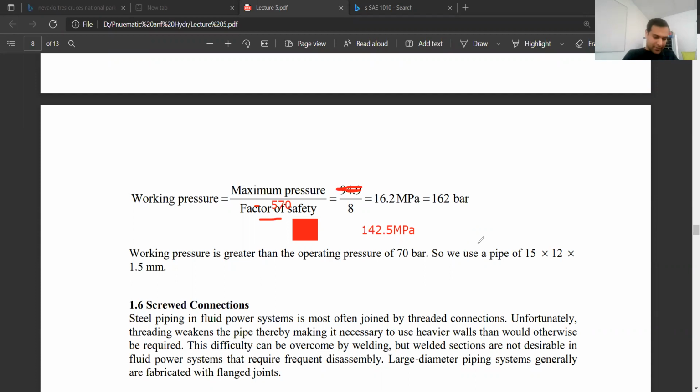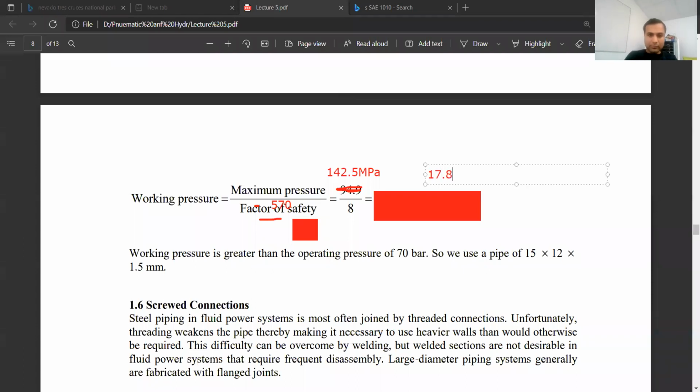That will give us around 17, so that should give you an answer of 17.8 megapascal, which is 178 bar. So which means it's still safe to use that pipe.